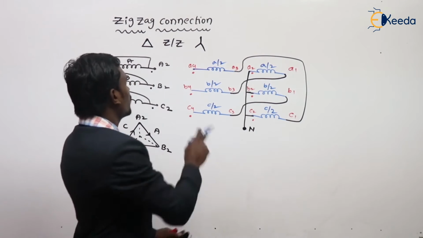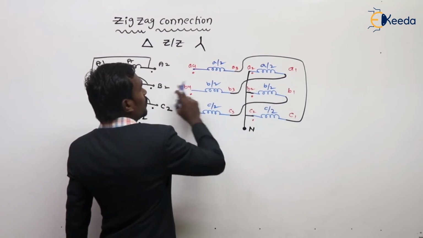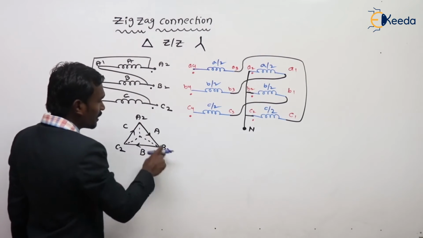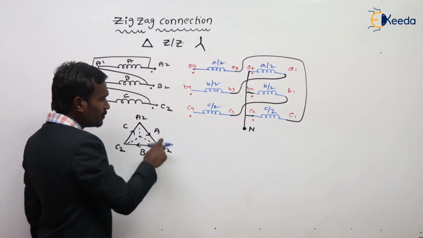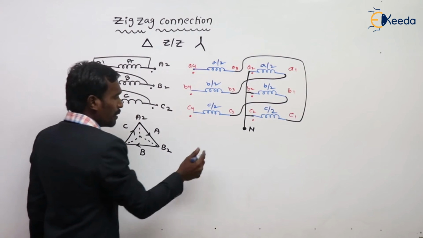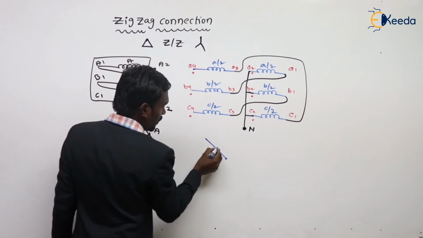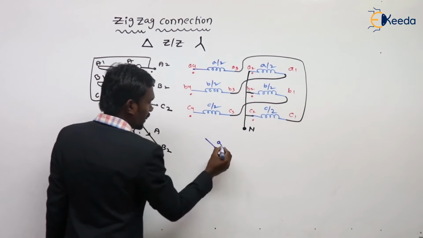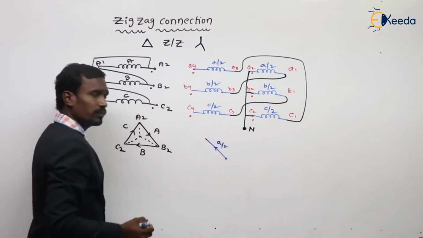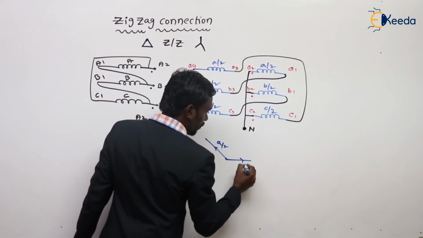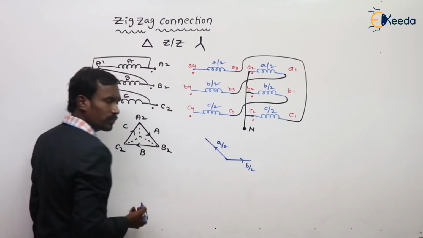First see here, these are in series subtractive. So here A is like this. But from the neutral, A is like this in the opposite direction, A by 2. And B is like this, here also in the opposite direction, B by 2.